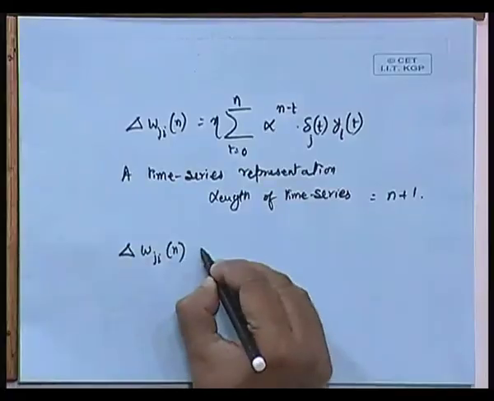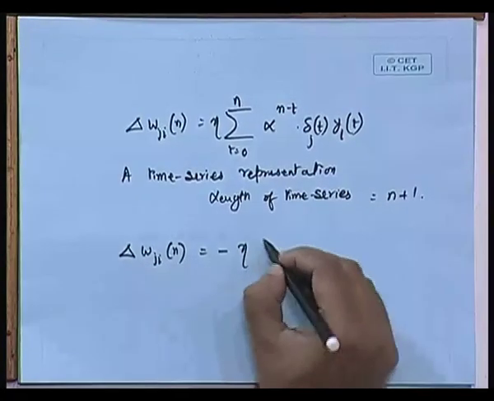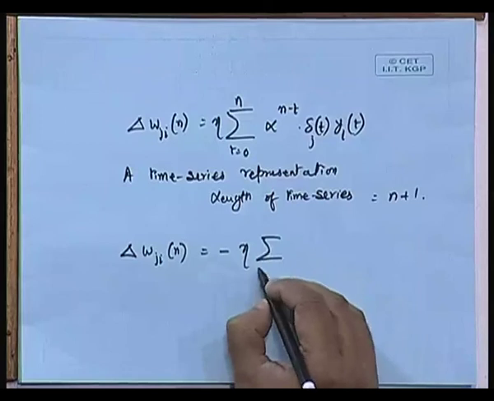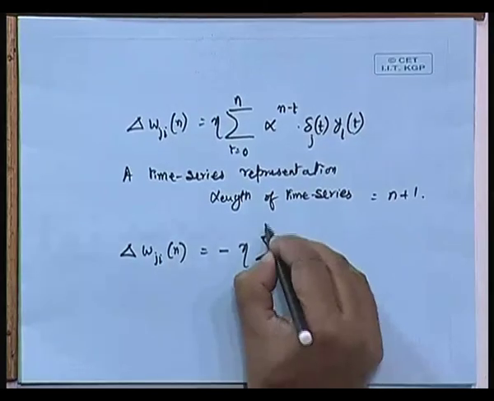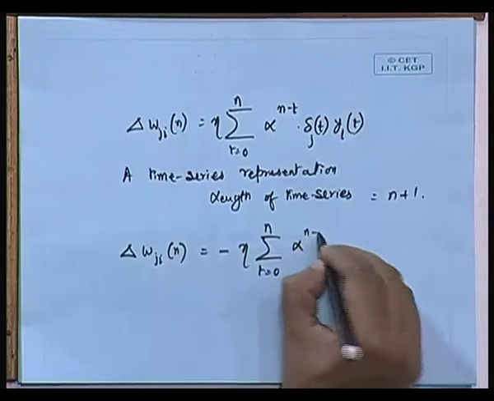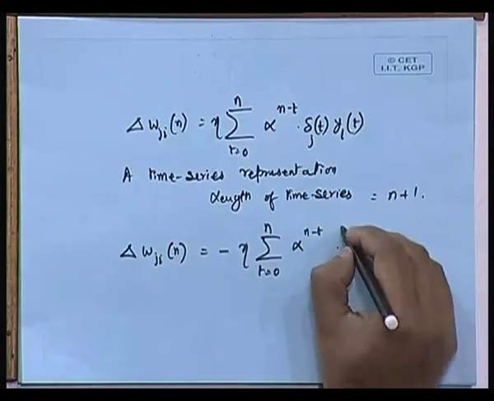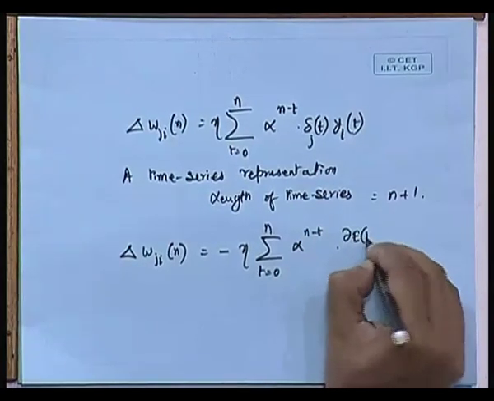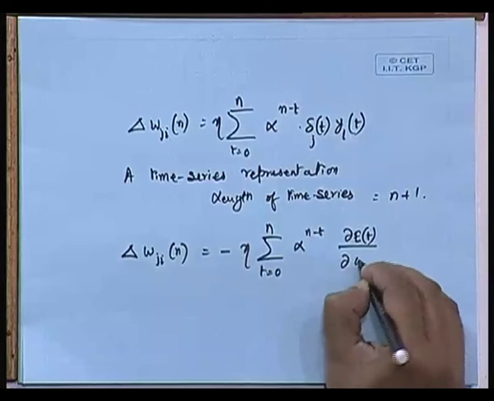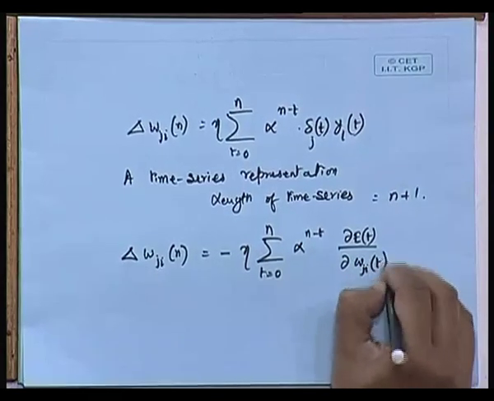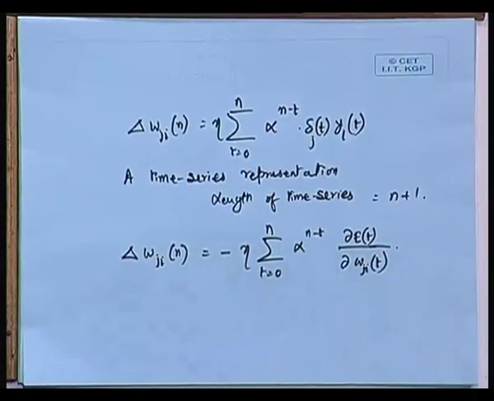So, I can express this same equation as delta w j I n equal to minus eta times summation t equal to 0 to n alpha to the power n minus t into dou E t dou w j I t. So, this is going to be our series representation.